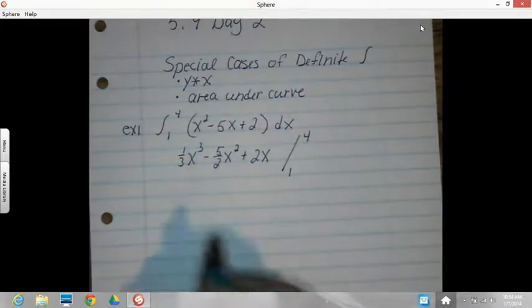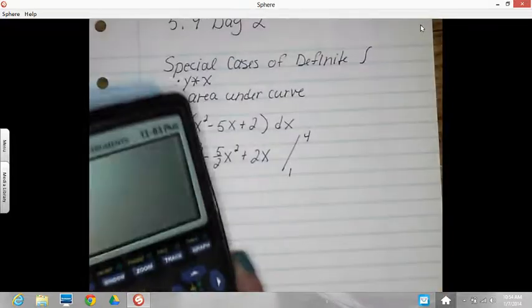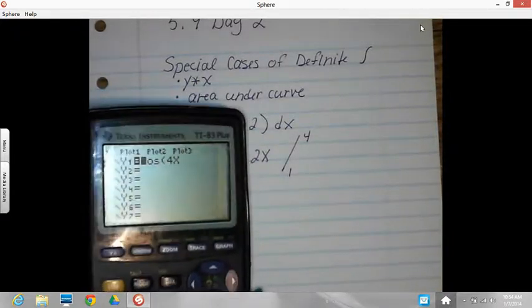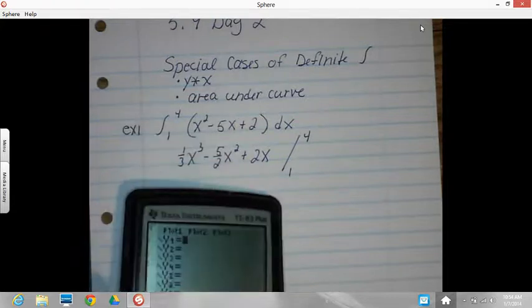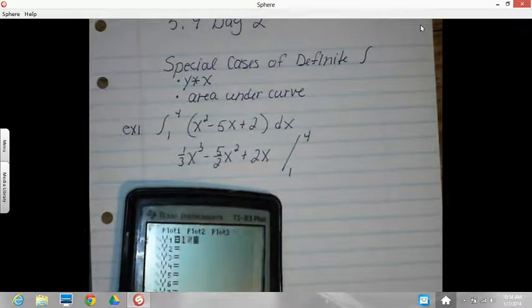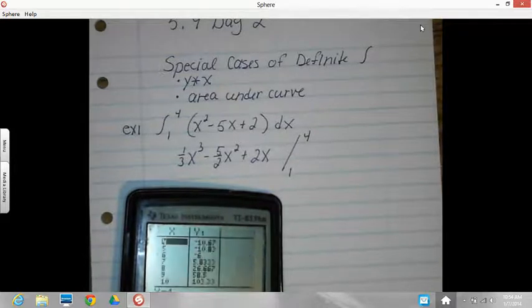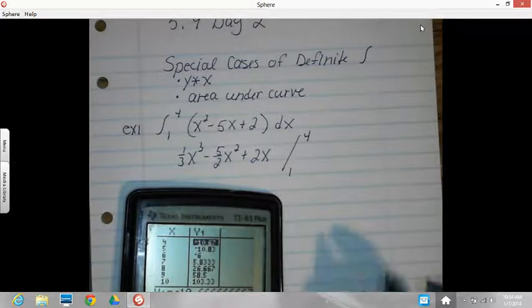So, if I go use the table feature, I type in 1/3 x cubed minus 5 halves x squared plus 2x, and in the table I want 4. So at 4, I get negative 10 2/3.